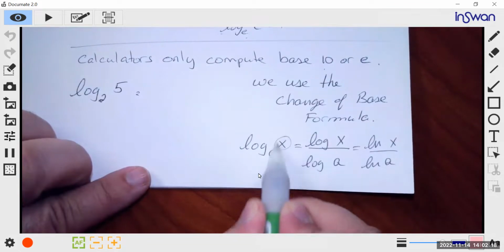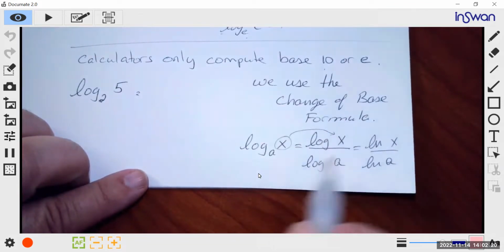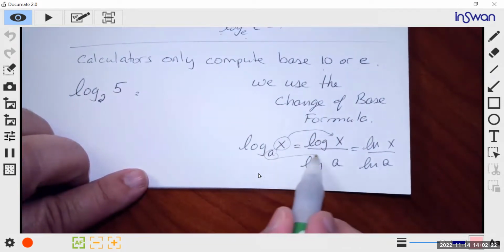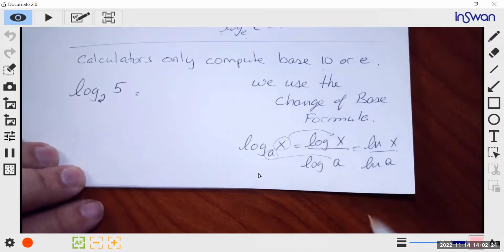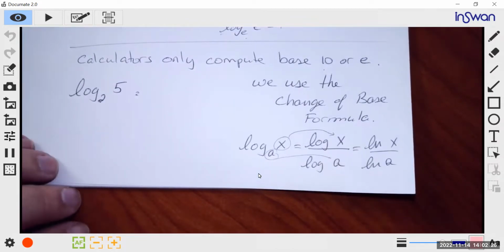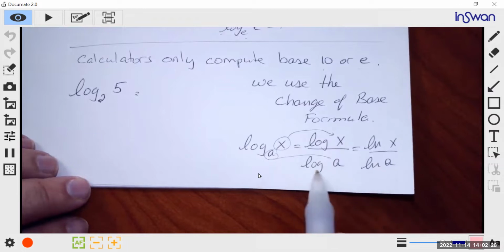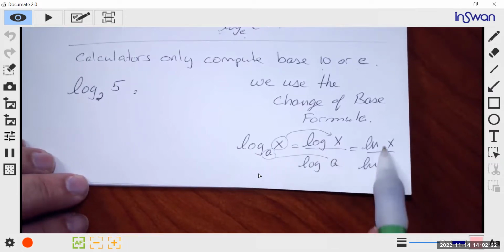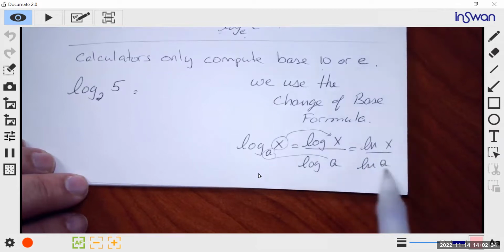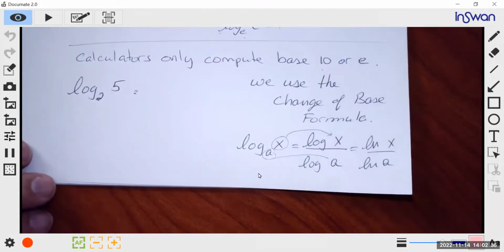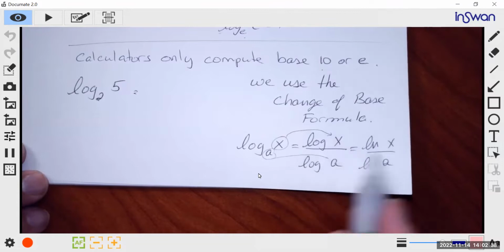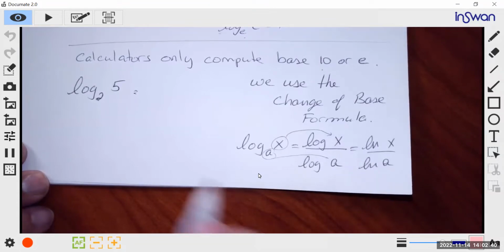Whatever's here goes on top. Whatever the base is goes on the bottom. We use that ratio: the log of X over log of A. It's going to give us the same answer if we use natural log of X over natural log of A. So it doesn't matter which one you use, ln or log.